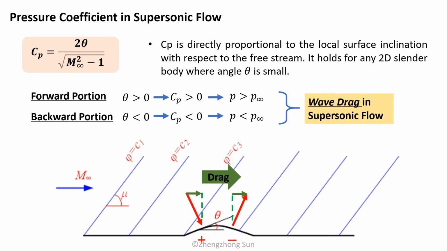This is how we get the wave drag in supersonic flow. It is a very important concept. Now we can close this mini lecture. In this mini lecture, we derived the Cp distribution on the surface and also introduced the wave drag: why it's called wave drag and how it is produced.